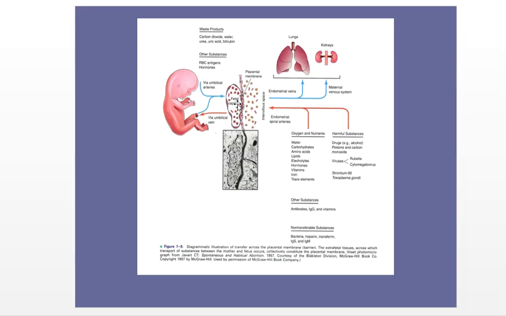You can see that the placental barrier of the 4th month, as I told you, consists of the 2 layers, syncytium and endothelium of the fetal capillary. This is a summary of the role of the placenta.